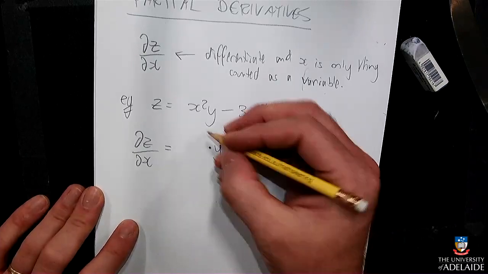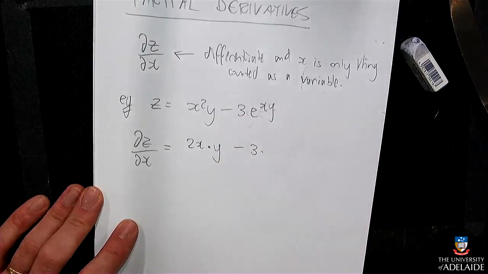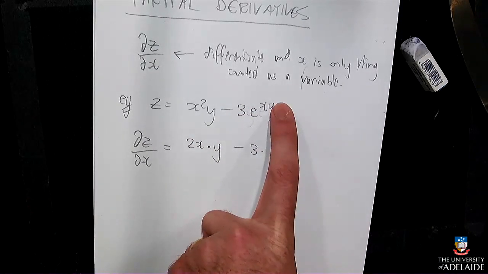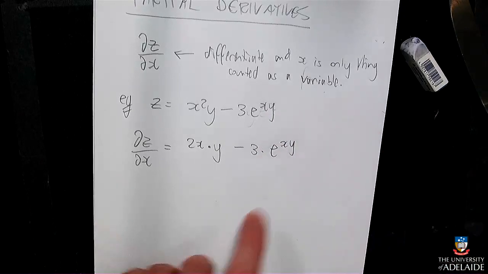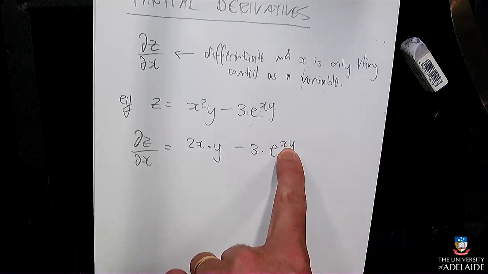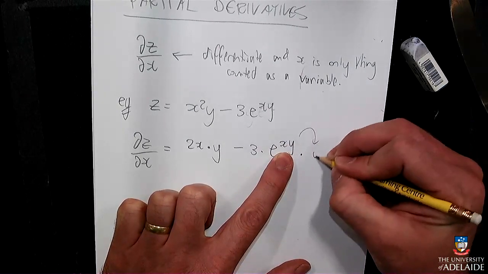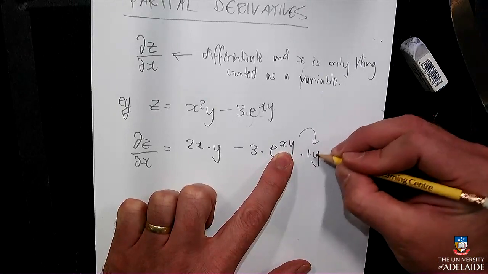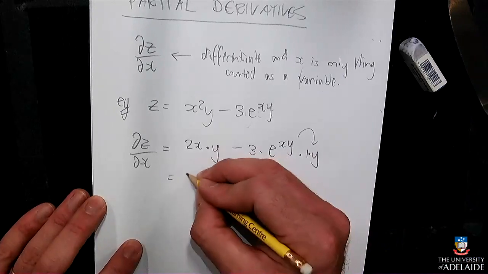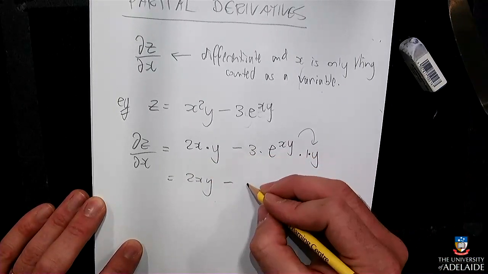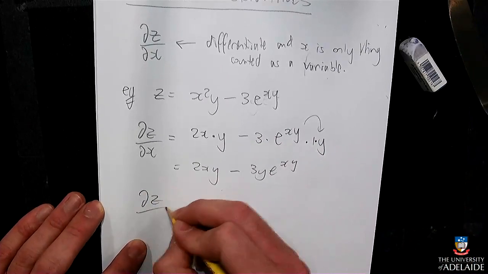So the 3 is multiplied on, so it will still be there. And then we have e to the xy. The derivative of e to the anything is still e to the thing. But then the chain rule says I'm going to have to differentiate this, and the y counts as a constant, so the derivative of that will still be y, and the derivative of x is 1. Okay, so I get 2xy minus 3y e^(xy).